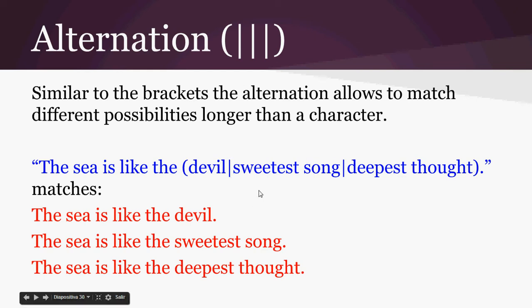In Stata and R, the vertical line means or. In SAS, it has another meaning, but when you are using this regular expression in SAS, you have to use this sign to show the different possibilities or options for this alternation. So this expression will match "the sea is like the devil", "the sea is like the sweetest song", or "the sea is like the deepest thought". All these three different possibilities match this regular expression.